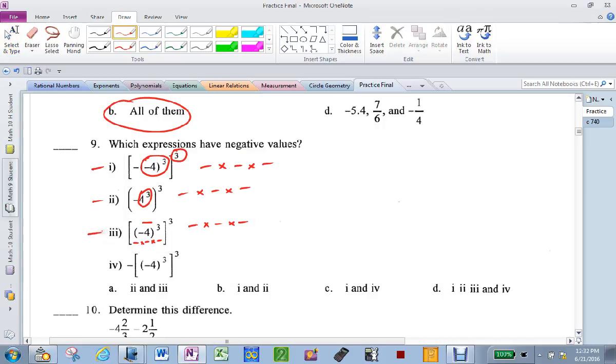He's going to be negative again, isn't he? Yeah. And then this guy has a negative out in front that is not touching any exponent. So no matter what happens over here, what's it always going to be? Negative. So they're all negative. Okay? Okay.